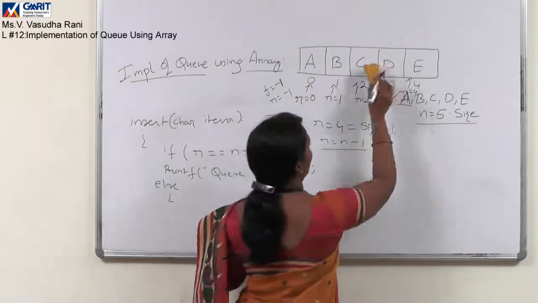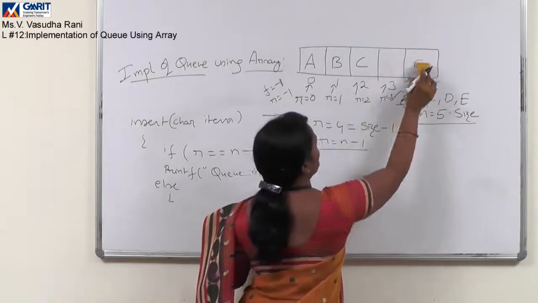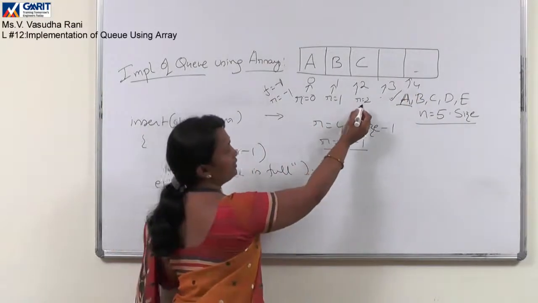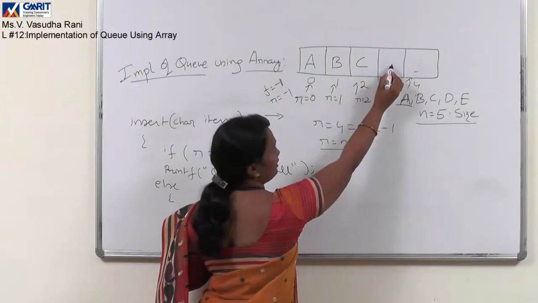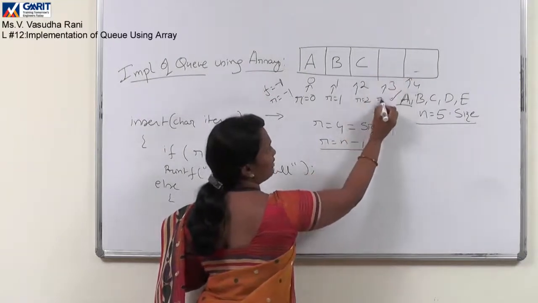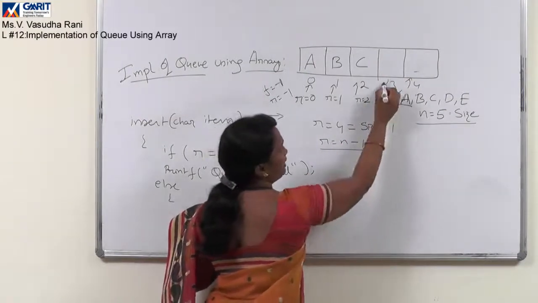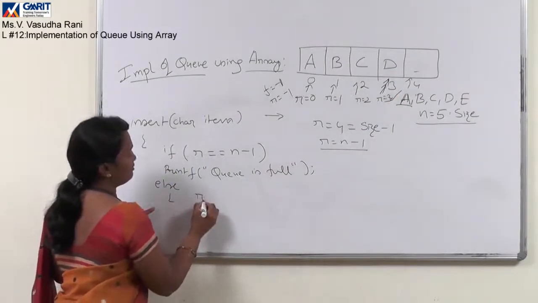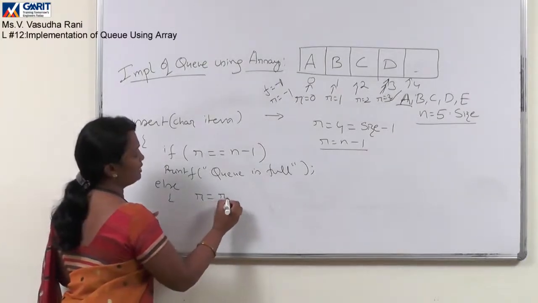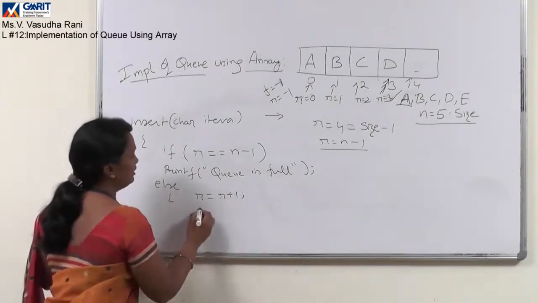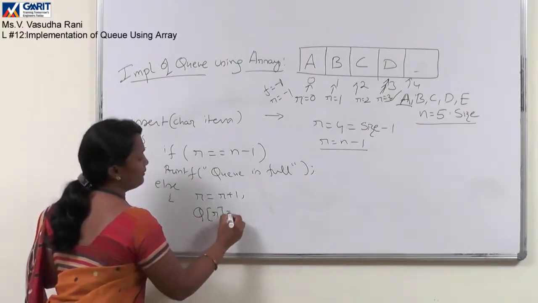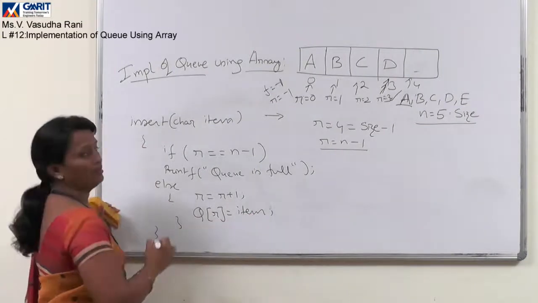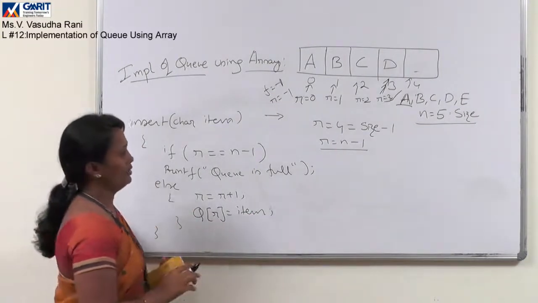So if elements are there only up to the second location, then our regular procedure is that in order to insert a new element, we increment rear to 3, and then into Q of R we can keep this D. So whatever the existing value of R, we increment that by 1, and then into Q of R we place our item. So this is the code we can write for queue insertion.